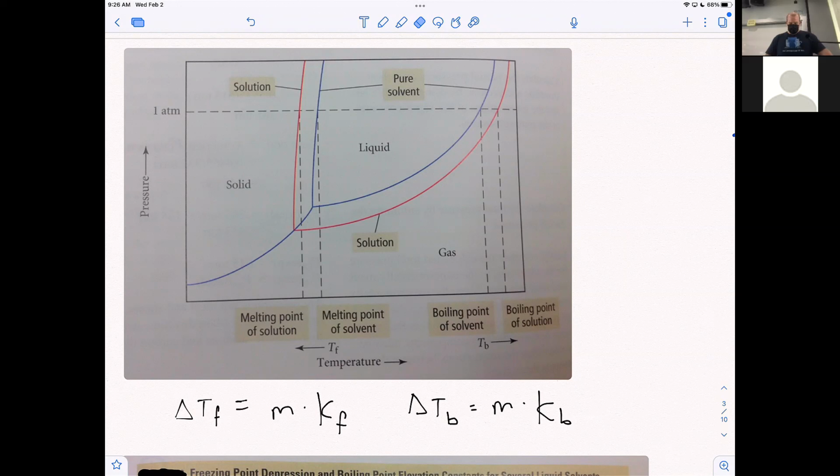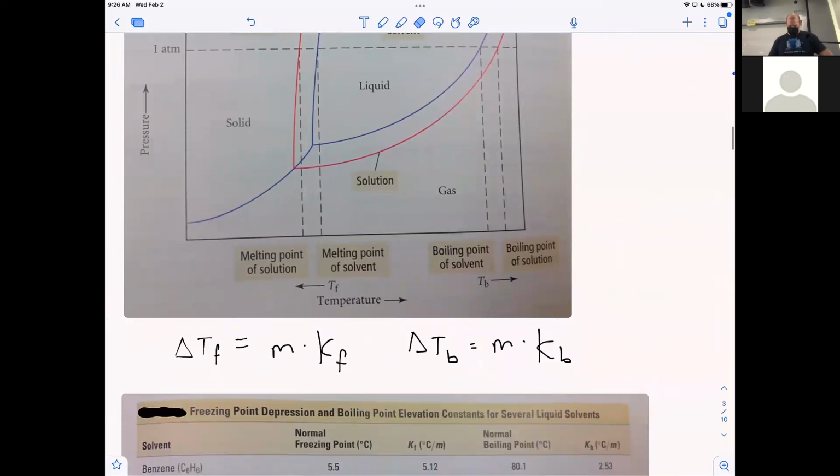The change in freezing point is the molality times the Kf. What is the Kf? It's the constant for freezing point depression. And the change in boiling temperature, delta TB, is molality times the Kb, the constant for boiling point.